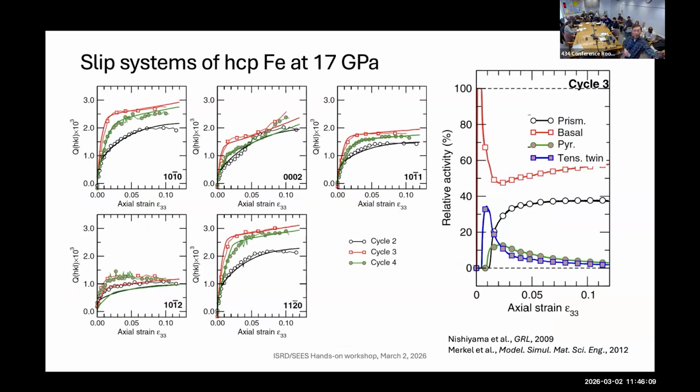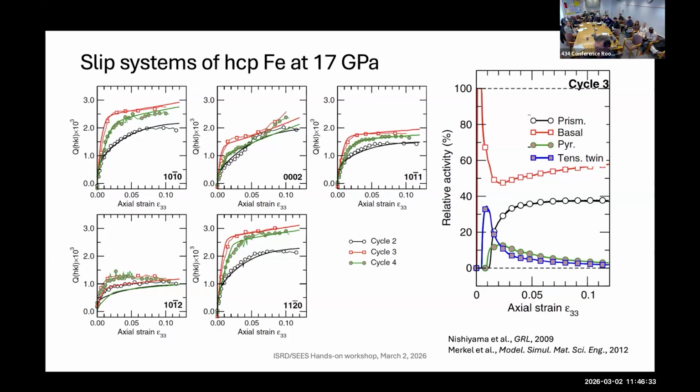This is an example of HCP iron, a candidate core material. Of course, we can't do the deformation at 150 GPa. We did it at 15 GPa, 10 times lower pressure, at some temperature. But the idea is the same. You measure these Q factors, and then you use self-consistent models to model them.